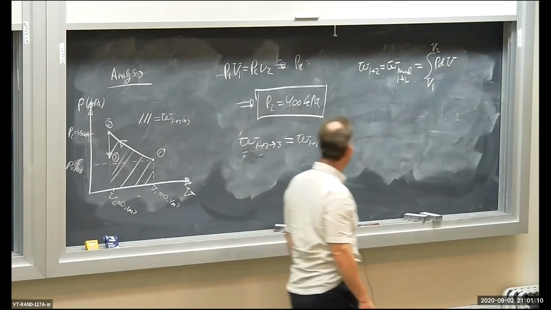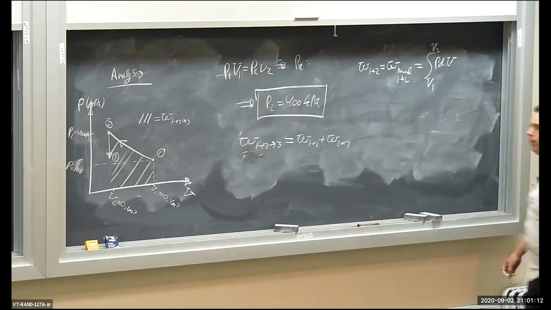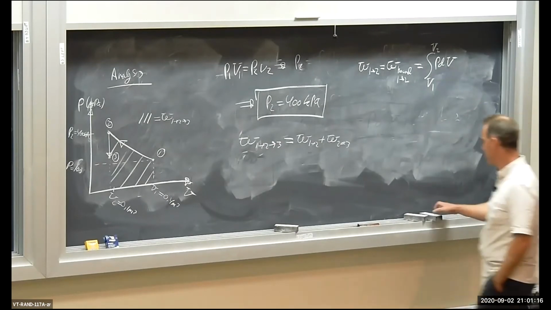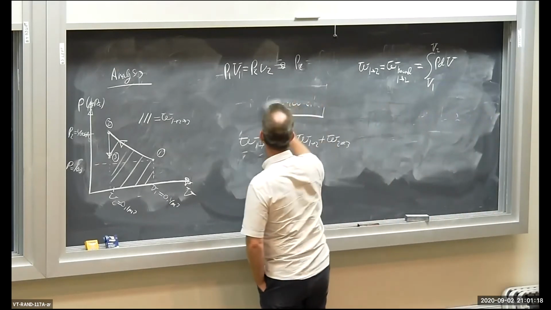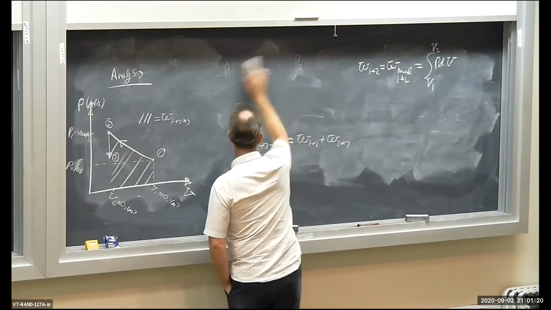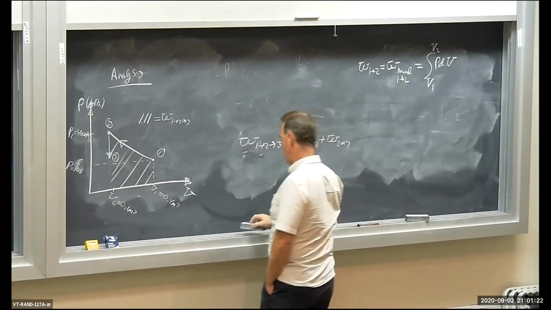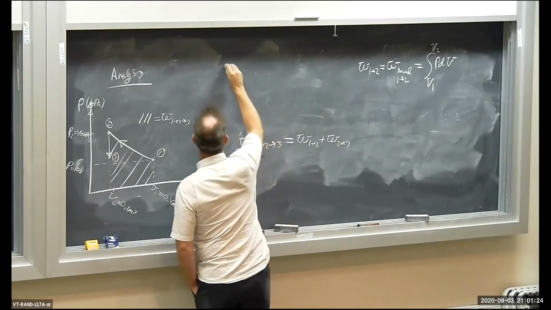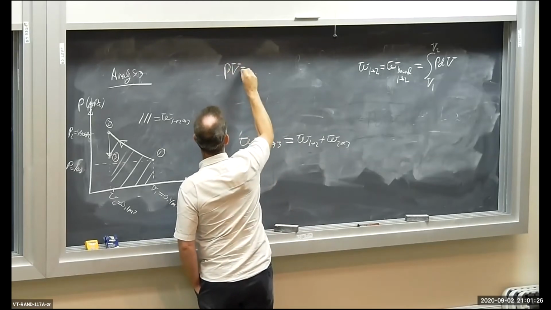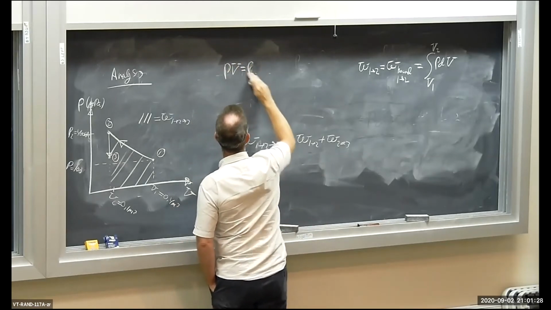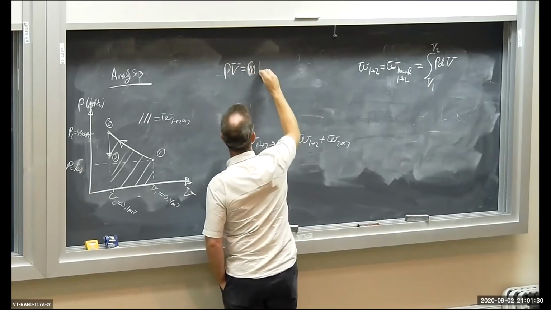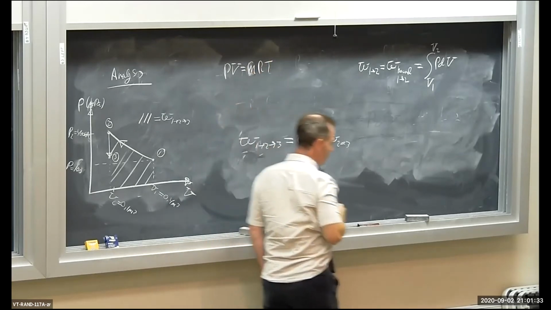Now, I need to get pressure as a function of volume somehow. What is pressure? Well, note that the ideal gas law is valid. PV is equal to mRT, okay?